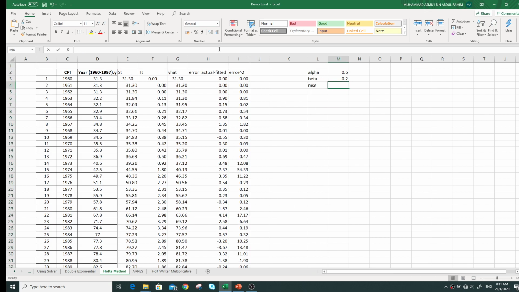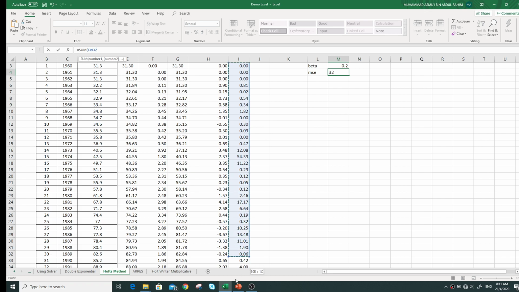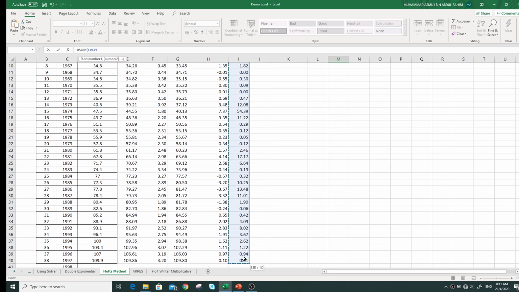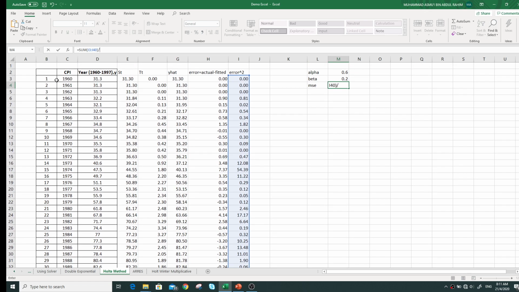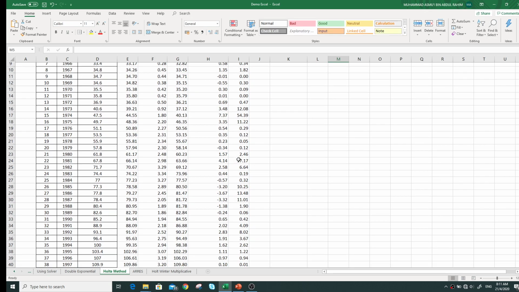To calculate the MSE, it is the sum of our squared errors over how many observations, 38, so over 38. So this is our MSE.